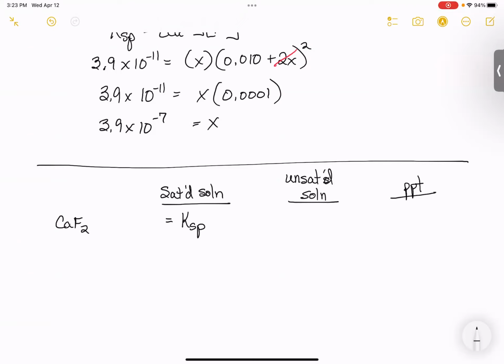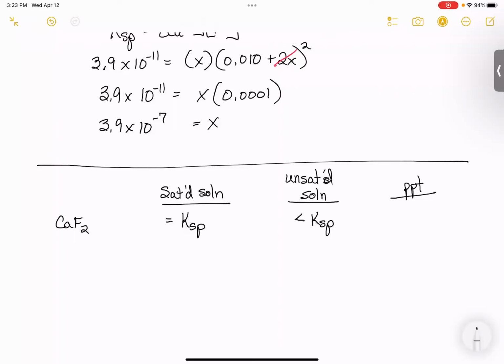If you combine these two ions together, that's when you would hit a saturated solution. If you wind up going less than the KSP, you're going to have an unsaturated solution, meaning there's not going to be any solid present.